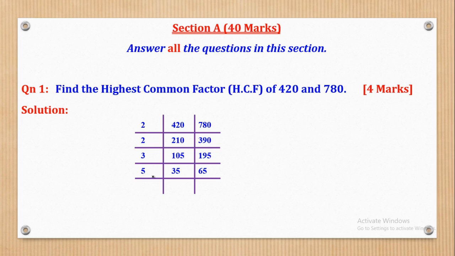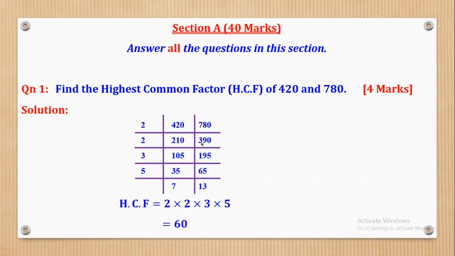Still they are divisible by 5. So 35 divided by 5 you'll come up with 7, and 65 divided by 5 you'll come up with 13. These ones now have no common divisor, therefore we shall stop there and see that the HCF will be equal to 2 times 2 times 3 times 5, and when I simplify I'll come up with 60 as my HCF. So that's what they wanted.